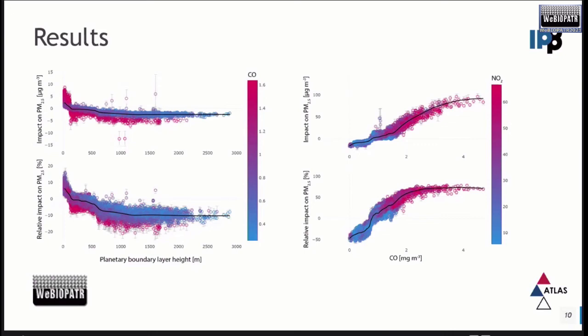I think that these results are important because PBL height represents a significant meteorological parameter with pronounced dynamics on a daily and seasonal level, and also a significant influence on the concentrations of pollutants in the air.